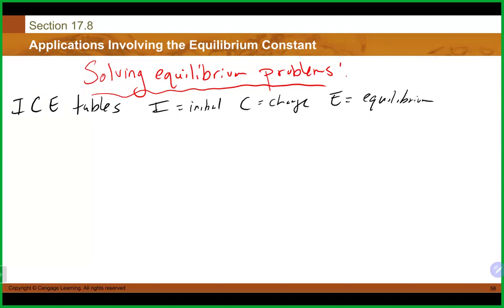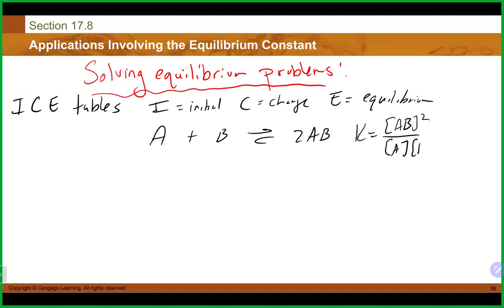And in this particular case, you would typically be given initial concentrations of something. So let's just take A plus B goes to 2AB. And if we write the equilibrium expression for this, it is AB squared divided by A and B, and we'll just make up a number like 10 it equals in this particular case.